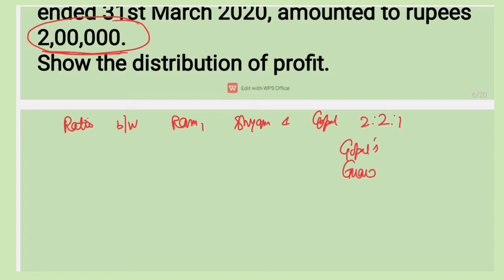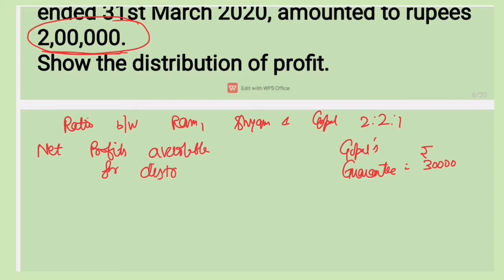30,000 rupees. Now, first of all, we will calculate the actual amount of profits available for each partner. So, we'll see the net profits available for distribution. These are rupees 2 lakh. This 2 lakh will be divided amongst all the partners, that is Ram, Shyam and Gopal, in the ratio of 2:2:1.